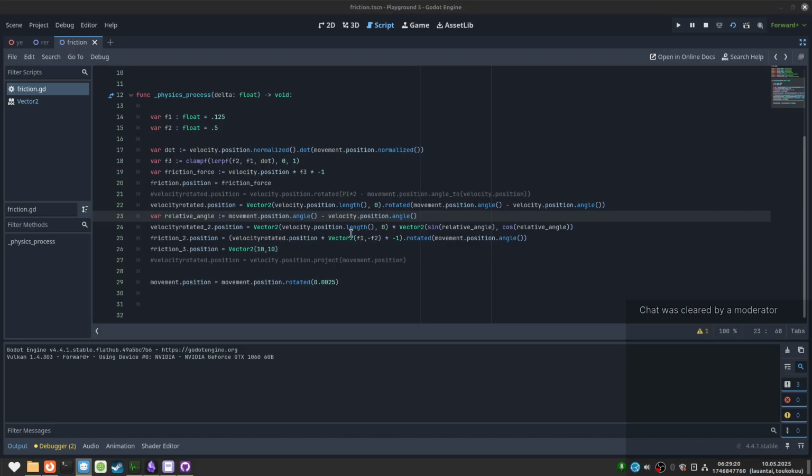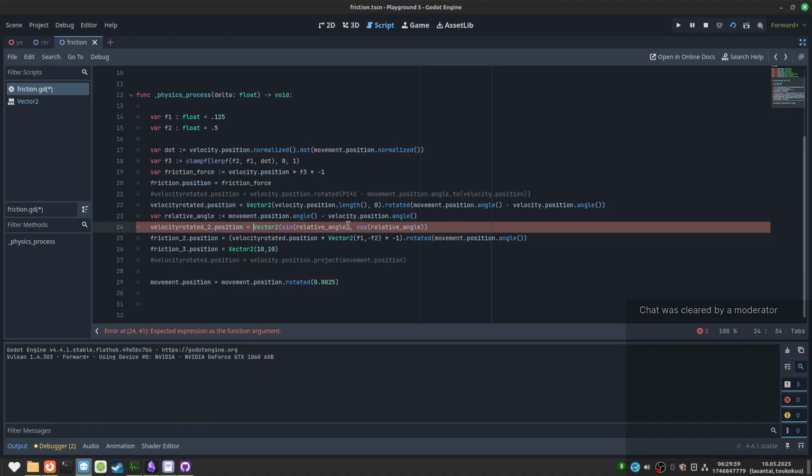That's interesting to me. I thought this is how you rotate a vector. Apparently not. Oh yeah, well, the other one is always 0 here. Just do this and then multiply it by the length.